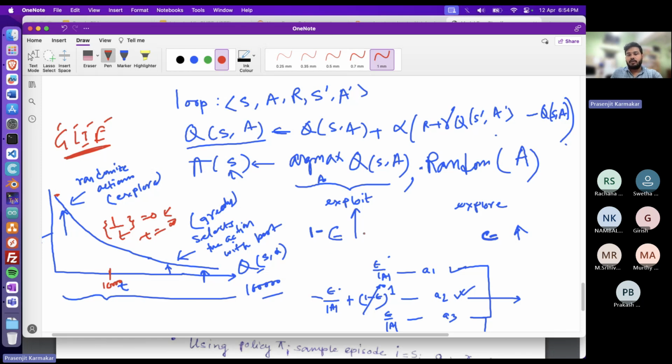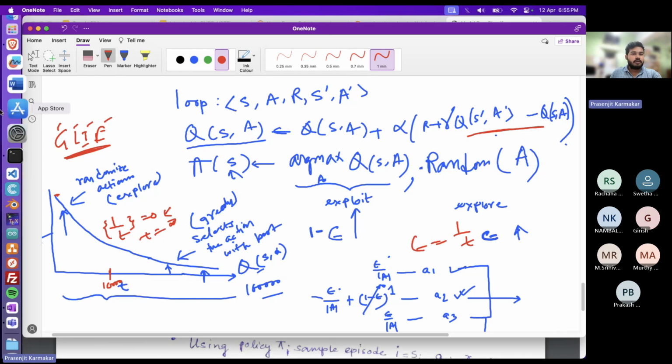My epsilon would be 1 over t, where t is the interaction I'm currently at. So you got the algorithm, I guess. This is the update equation and this is the policy update equation. For this equation, there is no value function required, so we will not compute the value function at all.